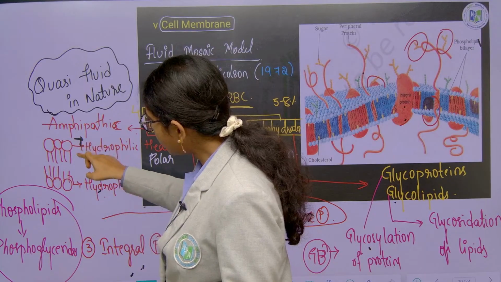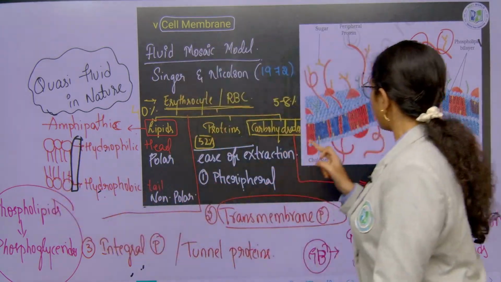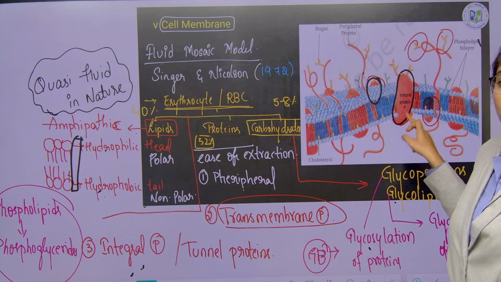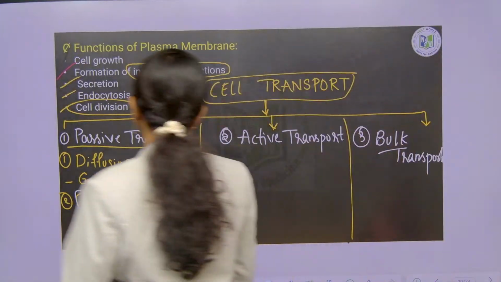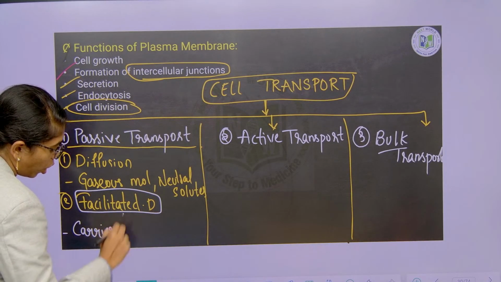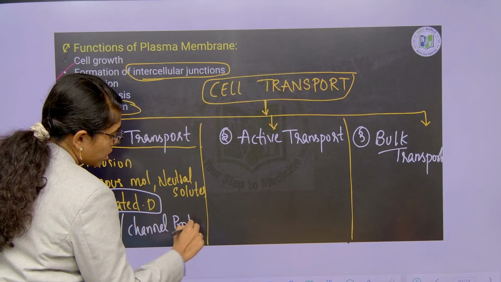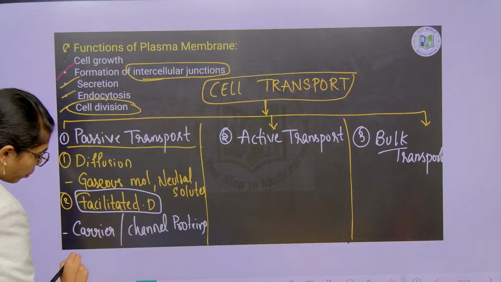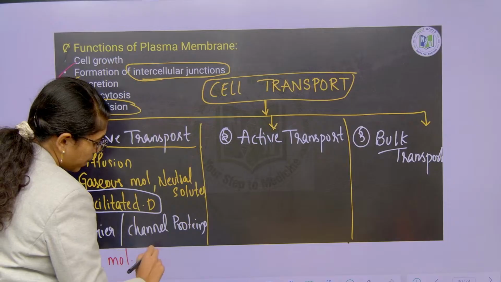So this is travelled via channel proteins or carrier proteins. The transmembrane proteins, integral proteins, act as channel proteins. So facilitated diffusion is via carrier proteins or channel proteins, and mostly polar molecules are transferred, for example glucose.